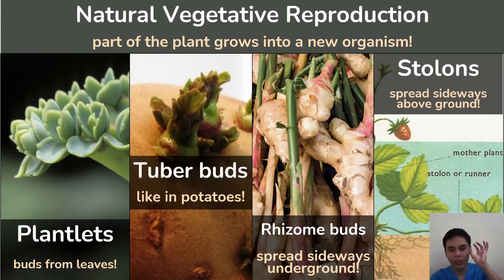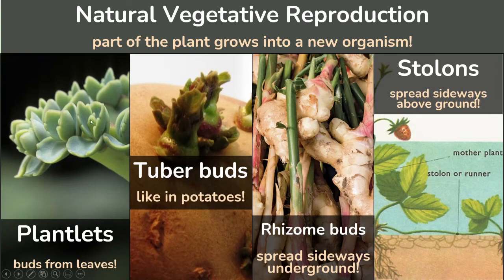Now, for your plants, sometimes they can have vegetative reproduction, meaning they don't have to have sex. They can just have asexual reproduction. This is the natural type. We have plantlets. For example, your kalanchoe plant can have buds from leaves, literally just budding off from the leaves, little tiny kalanchoe plants.